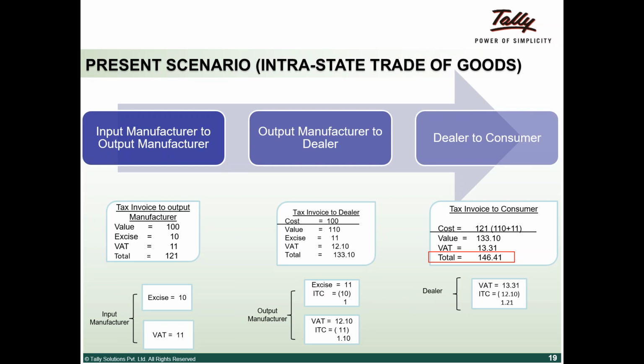Please note this, we will take you through the next slide. So basically, there were two incidences of taxes here, on manufacture and on trade or sale, which will get subsumed as one GST. That's a distinction that we are trying to make.